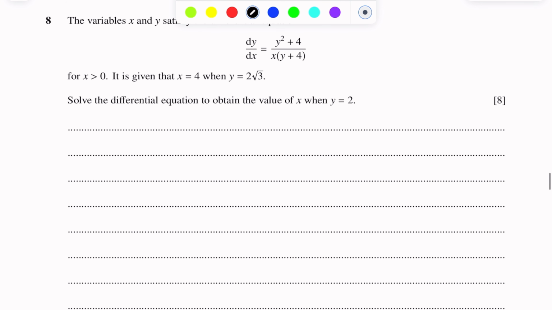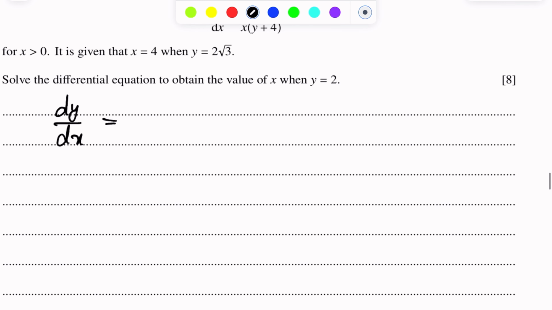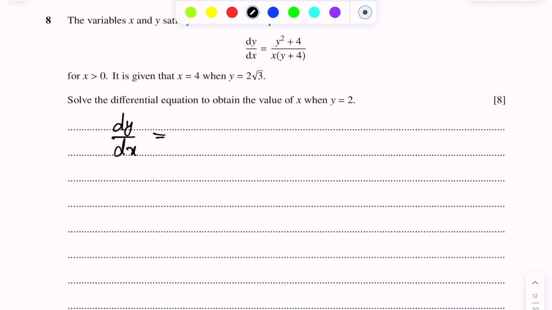The differential equation is dy over dx equals (y square plus 4) over (x into (y plus 4)).